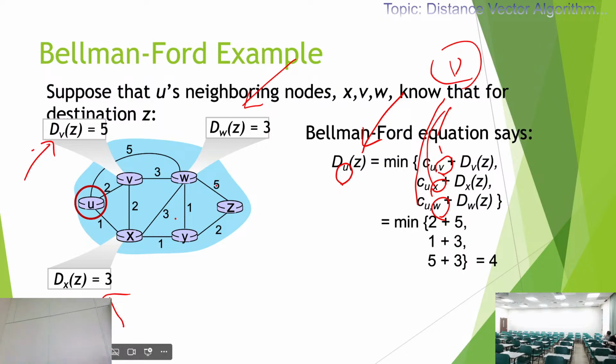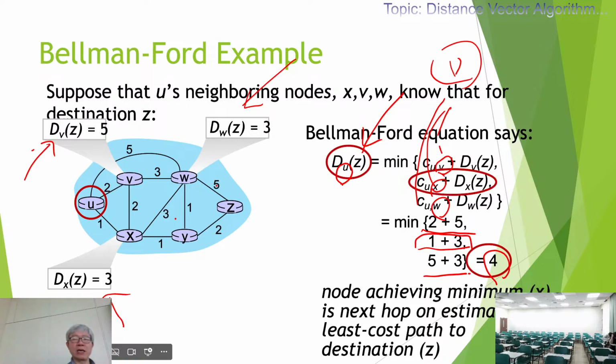Therefore, we have the Bellman-Ford calculation. We want to find the least cost path. Well, we have 2 plus 5, 1 plus 3, and 3 plus 3. Sorry, 5 plus 3, and so the minimum one should be 4. If 4 is the minimum one, and in the past we don't have the least cost for this path, then we need to have the update.